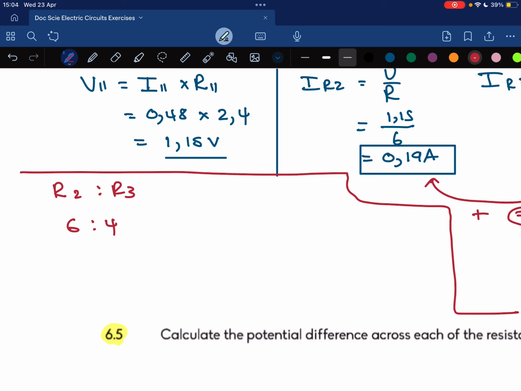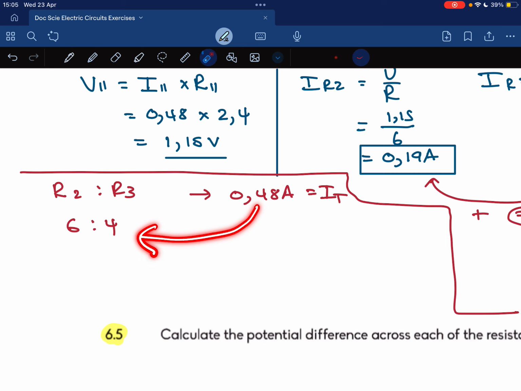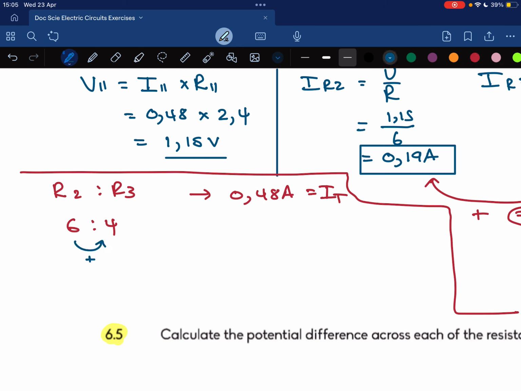Now if you understand how ratios work, we know that the current that goes into the parallel component is 0.48 amps. That's the total current. So I can divide this into the ratio 6:4. You do that by saying 6 plus 4 is 10.